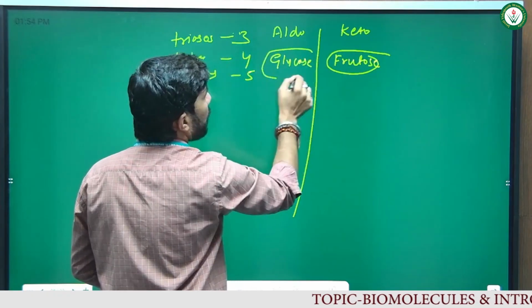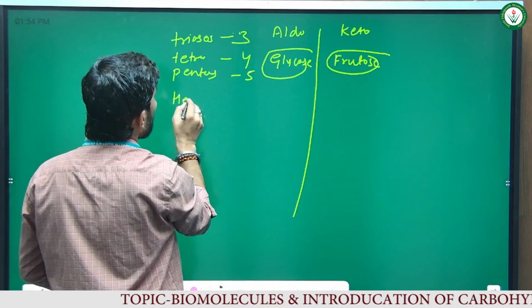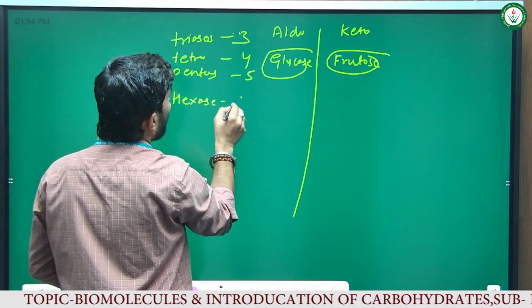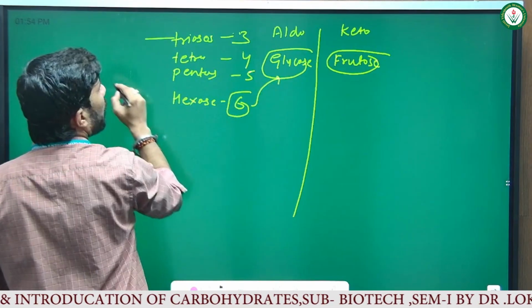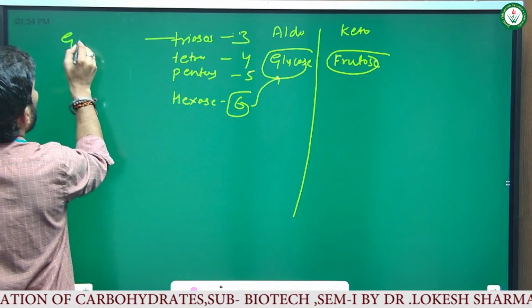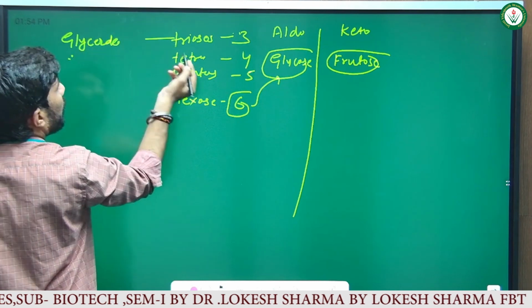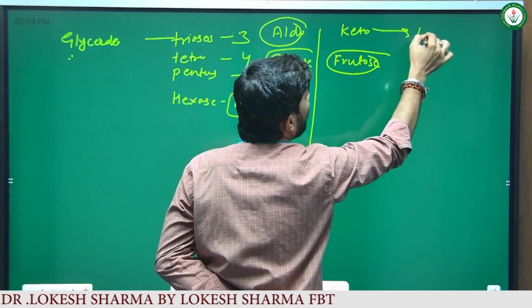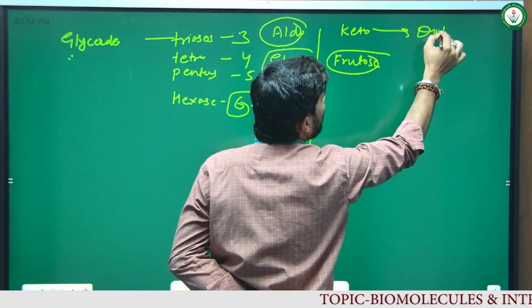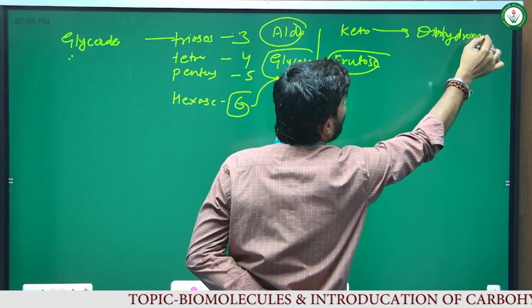These are all 6 carbon unit compounds. It means hexose. Triose is glyceraldehyde, containing the aldose group, and the keto group containing dihydroxyacetone.